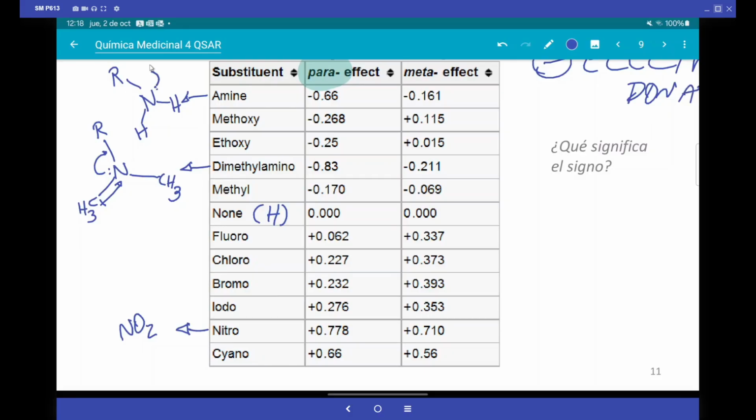Perfect. Now in the position meta, which would be the most electron attractor? Okay, also nitro, very well, and the most donor also, yes, perfect.